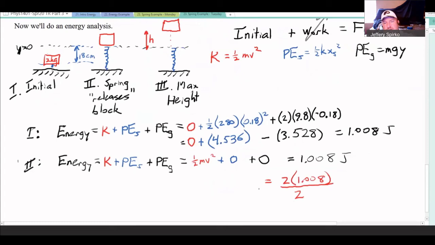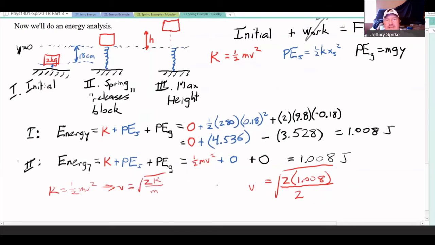The mass was 2 kilograms. And that would be V squared. I want regular V. So K equals 1/2 mv squared becomes V equals the square root of 2K over M.